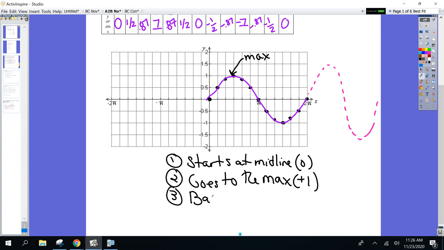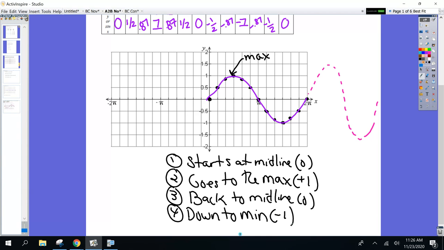All right, so back to the midline. Which was 0. All right, keep talking to me now. It went back to the midline. Then where's the curve go to? Down to the minimum. Good. Goes down to the min, which was -1.